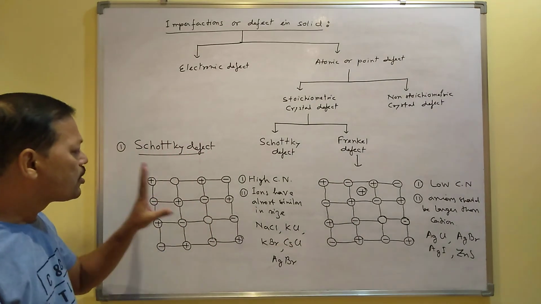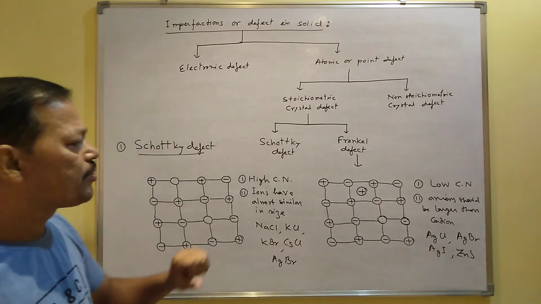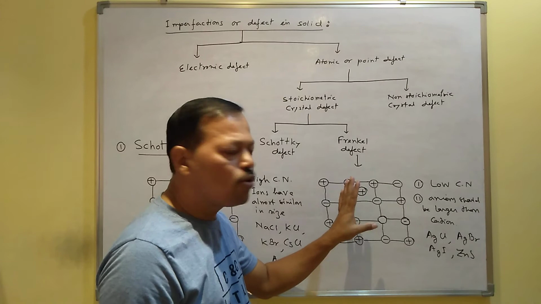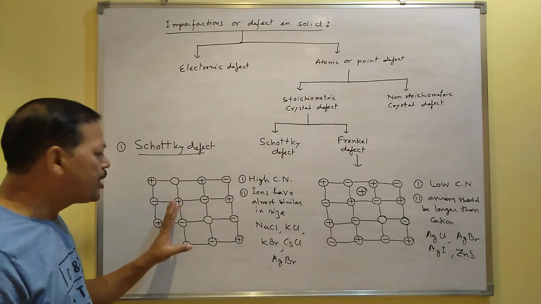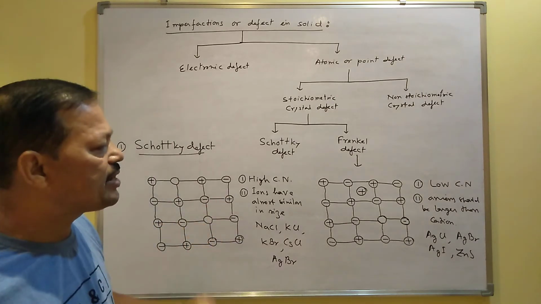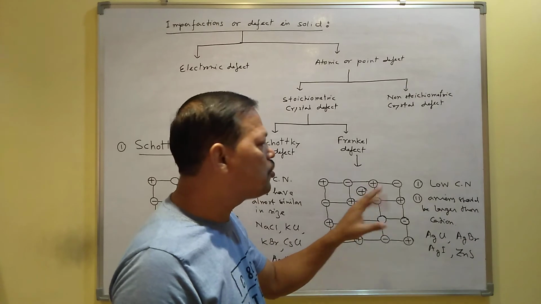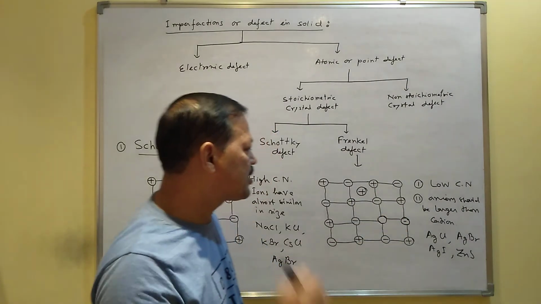Secondly, Schottky defect is shown by those ionic solids whose coordination number is high, while Frenkel defect is shown by those whose coordination number is low. Schottky defect is shown by those ionic solids in which cations and anions have almost similar sizes. Frenkel defect is shown by those ionic solids in which anions are much larger than the cations.